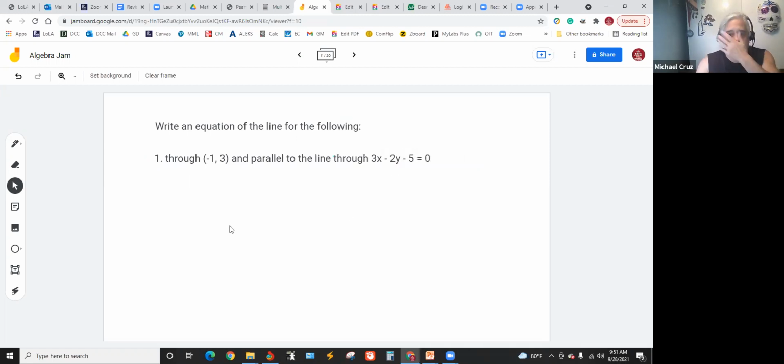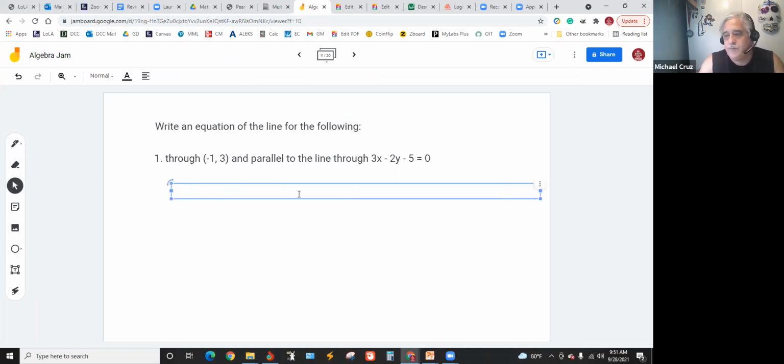All right, so for all of these where you want to write an equation, you're using this little thing here, and I'll write it out. Sometimes it'll say write, it could say build.